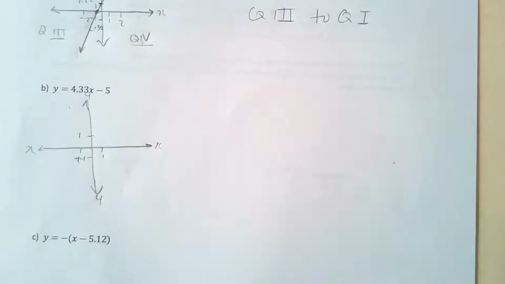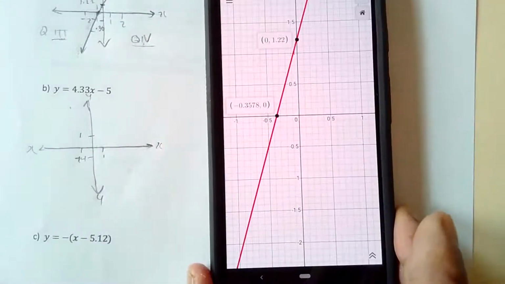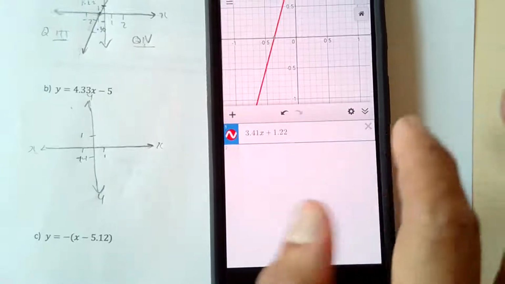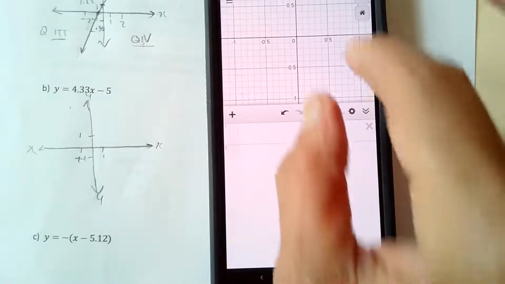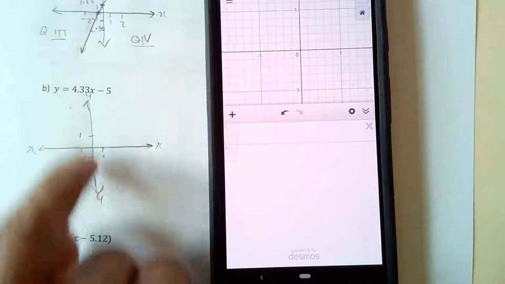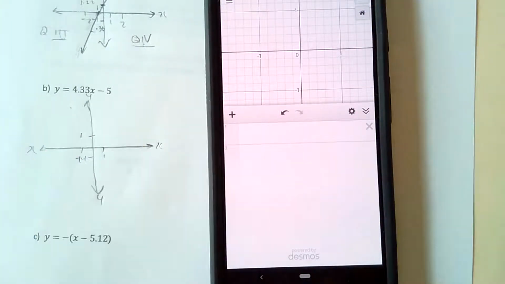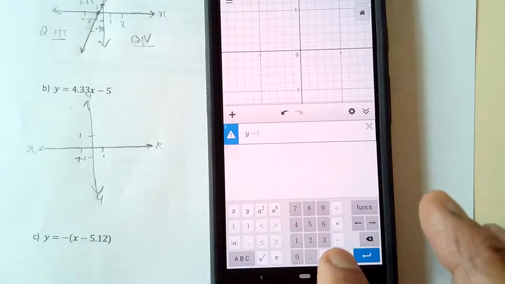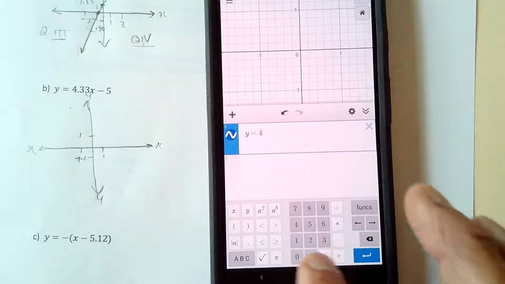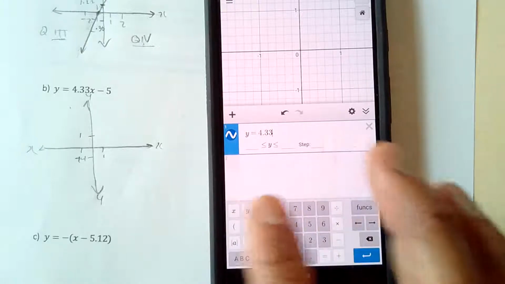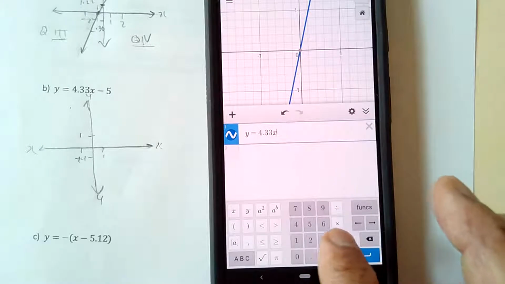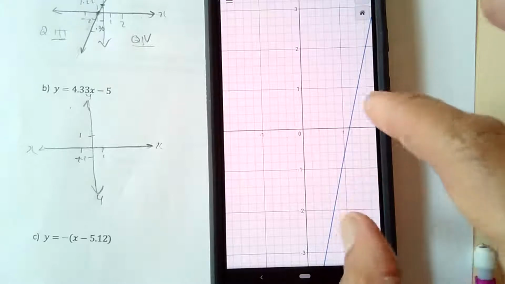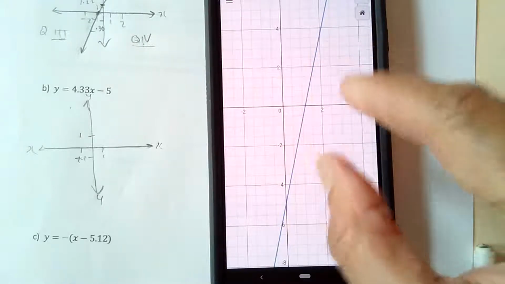The next one, let's try Desmos first on this one here. So I need to go back to my cell, so I'm going to remove this one here. Zoom in a little bit. Now I'm going to enter my equation, y is equal to 4.33x minus 5. Now I want to see more of my graph. Notice it's the y-intercept.